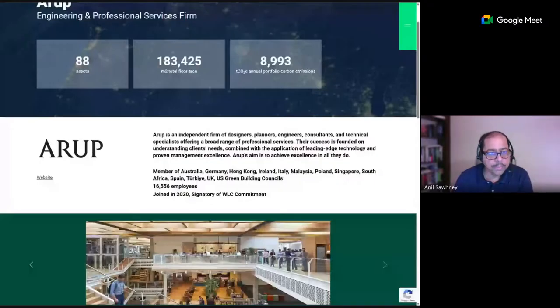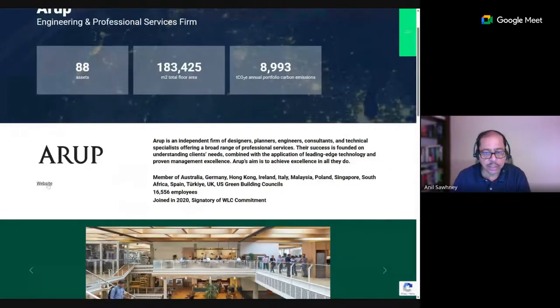Another database that is publicly available is this ARUP's database. They have 88 assets, but I think it has grown to like 1,000 projects now. This was in 2020, so now it is much bigger. Let's see if I can find it.